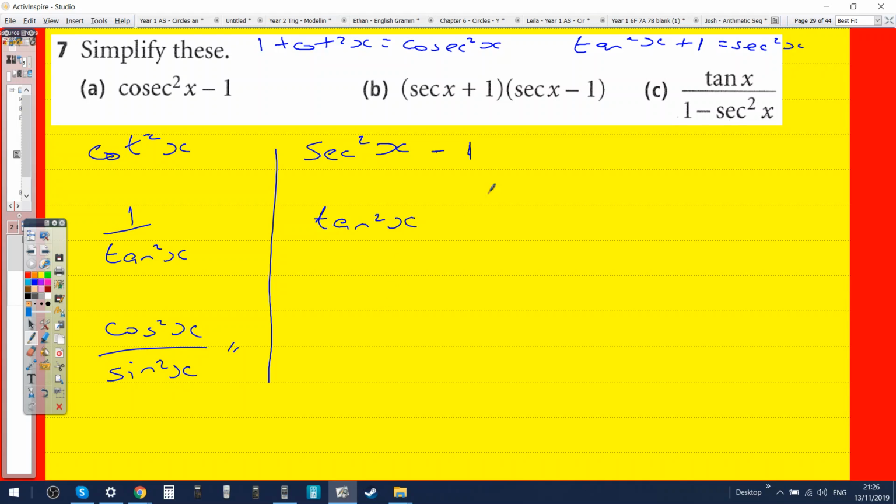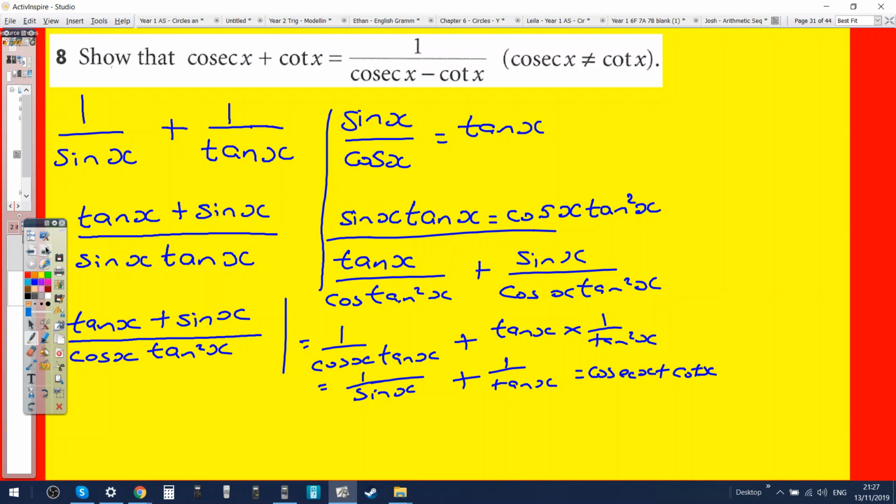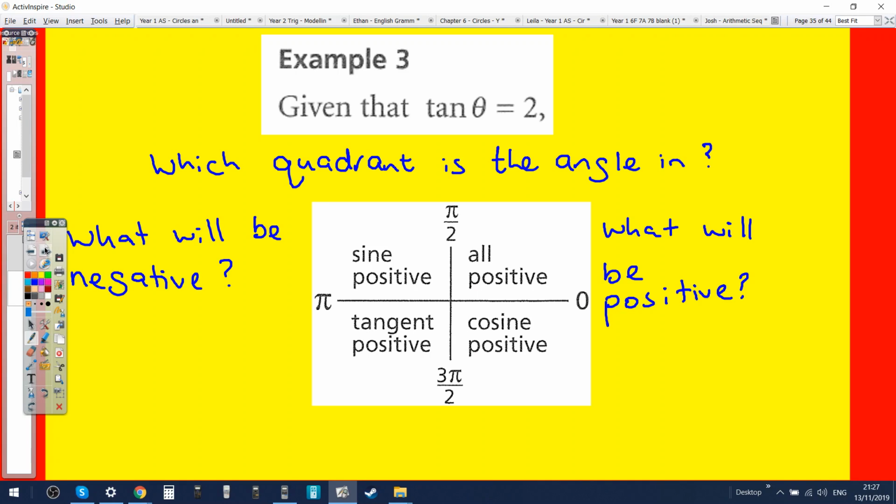I think you could write it as sine squared x over cos squared x. Maybe that's simpler. I think it'd be fine. That's an exam question, but it's okay.